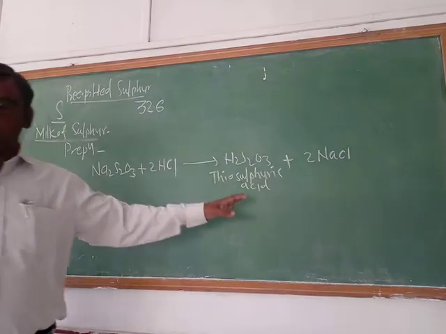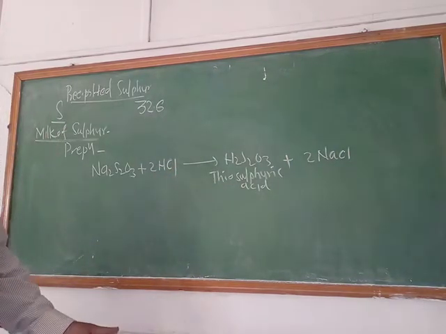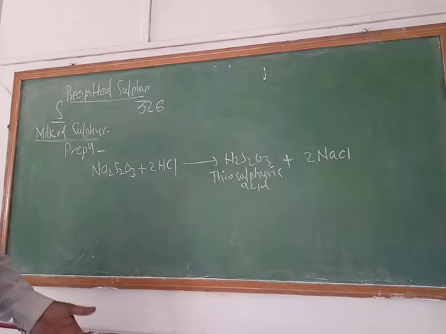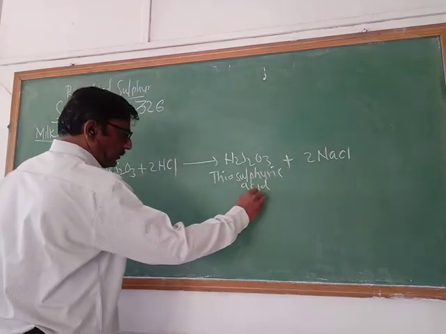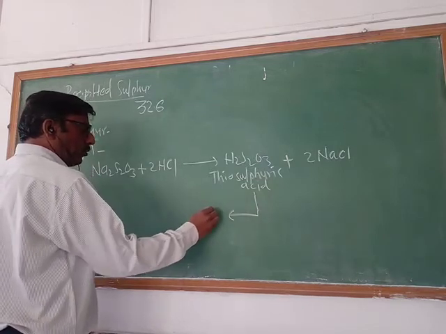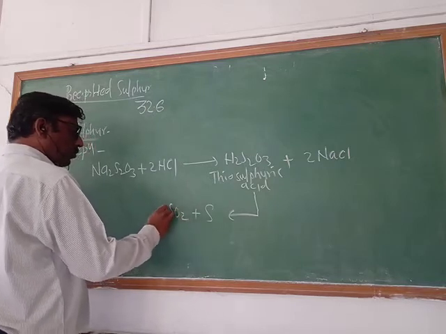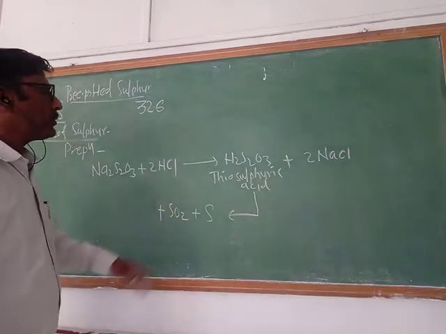Now this thiosulfuric acid gives sulfur and sulfur dioxide. It produces sulfur plus SO2 plus water.